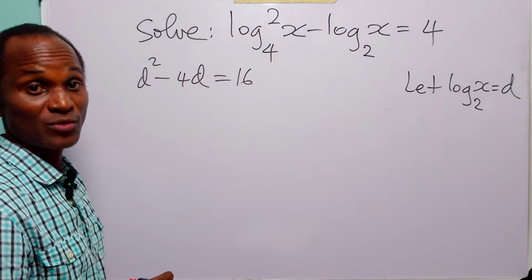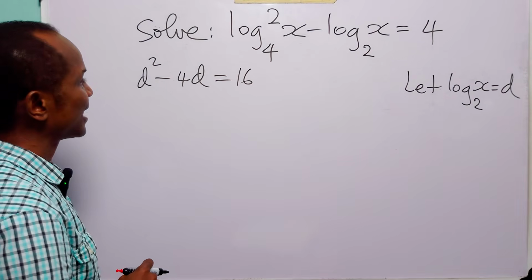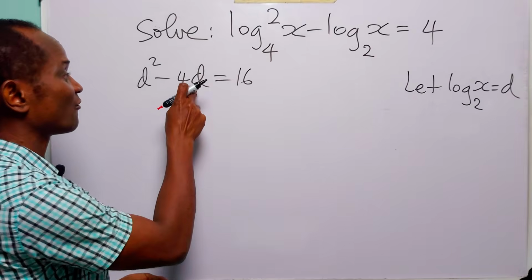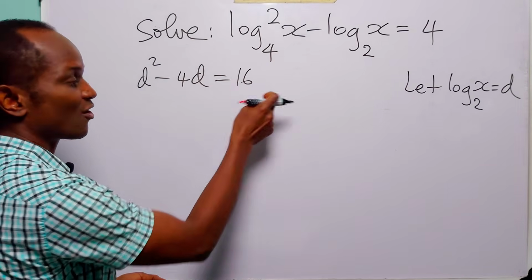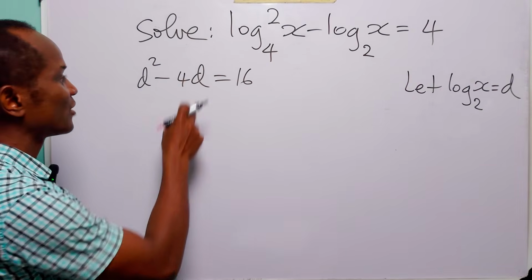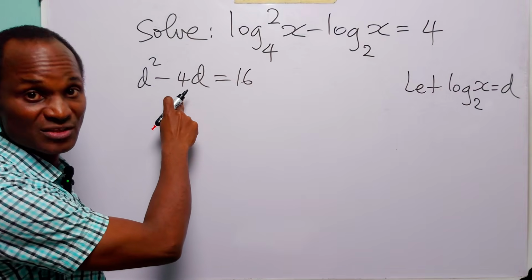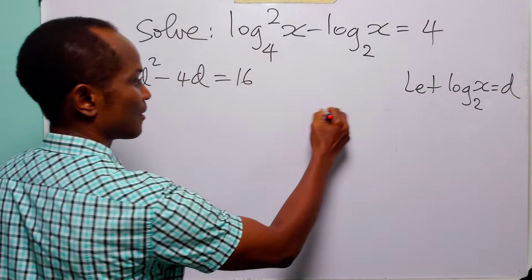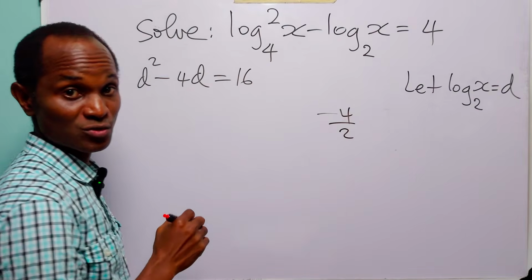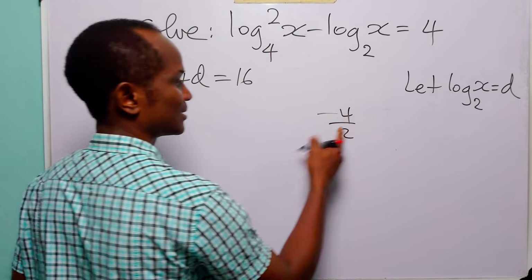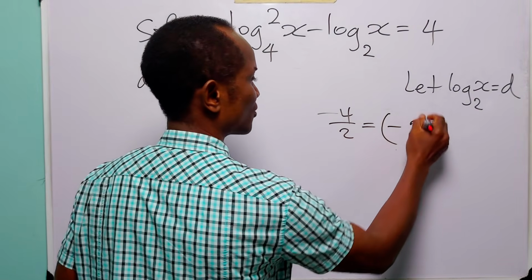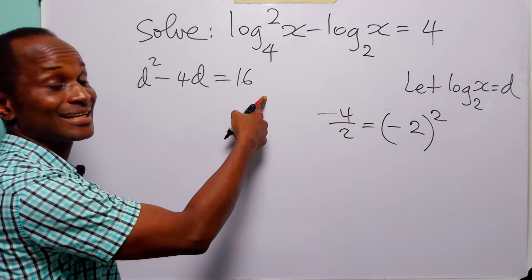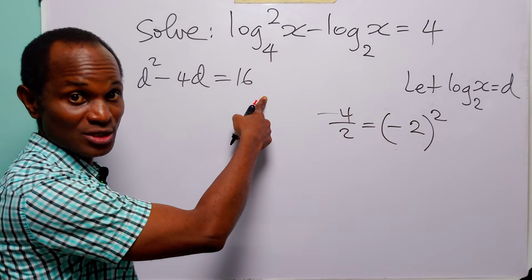Now, to solve this quadratic equation, what we do is add the square of half the coefficient of d to both sides of the equation. The coefficient of d is minus 4. Half of it is minus 2. That is minus 4 over 2. So we are going to add minus 2 squared to both the left-hand side and the right-hand side of this equation.